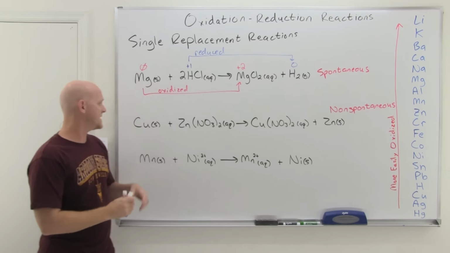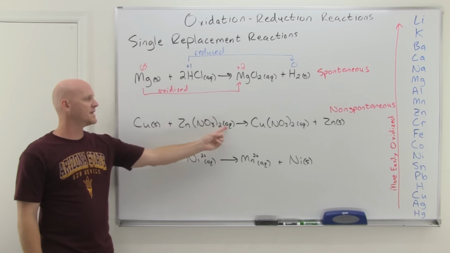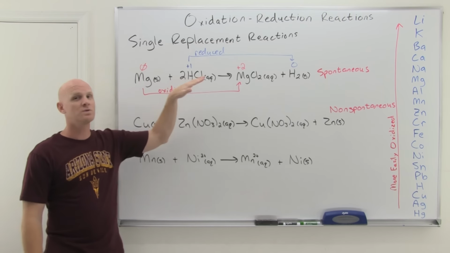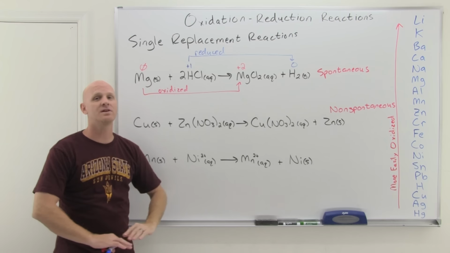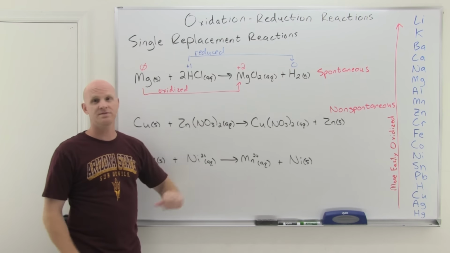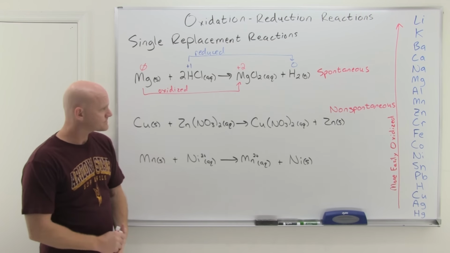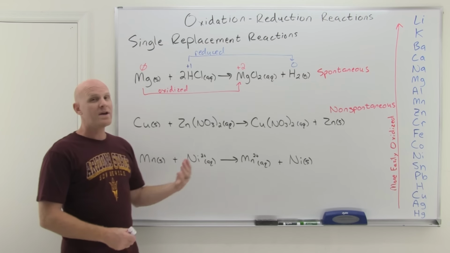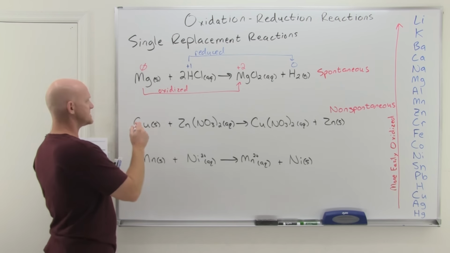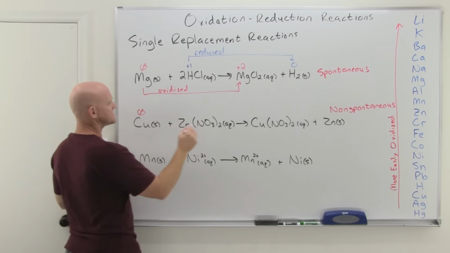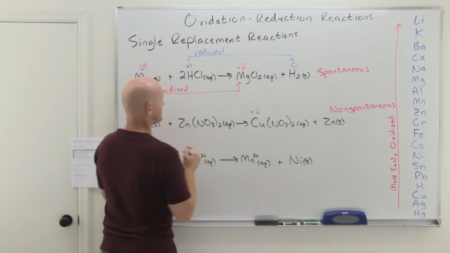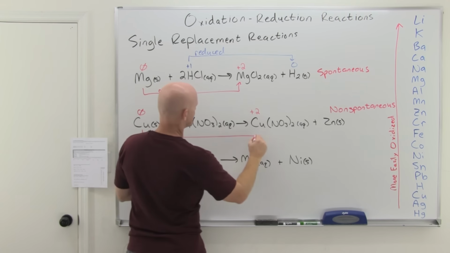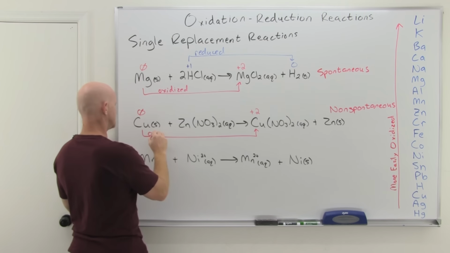And so in this case, if you take a solid piece of copper and put it in an aqueous solution of zinc nitrate, it will just sink to the bottom and sit there. This reaction as written does not happen. Cool. Now again, the way you're supposed to look at this is you're supposed to say, okay, copper goes from the 0 oxidation state to +2, and that means it's the species getting oxidized.